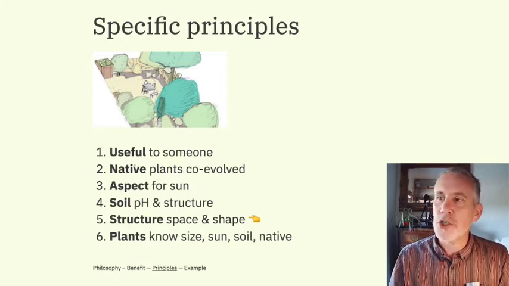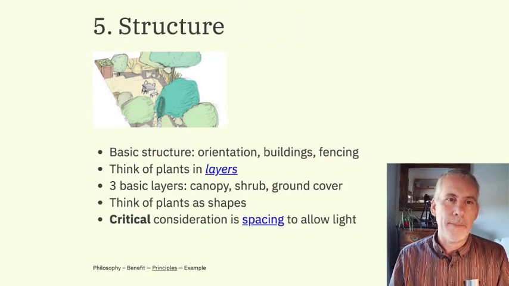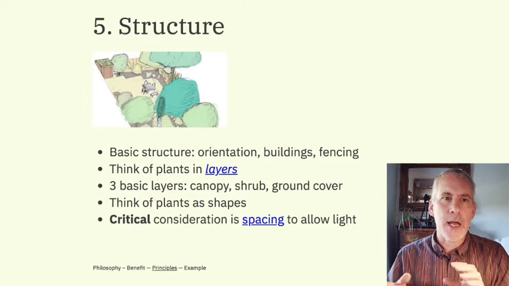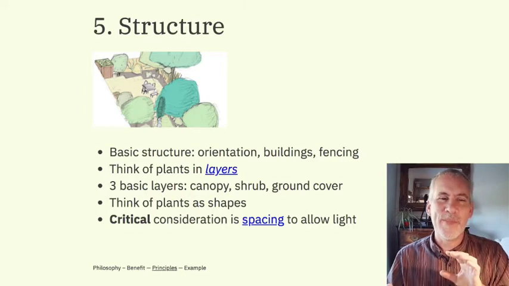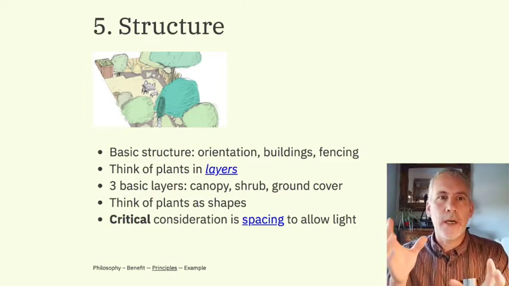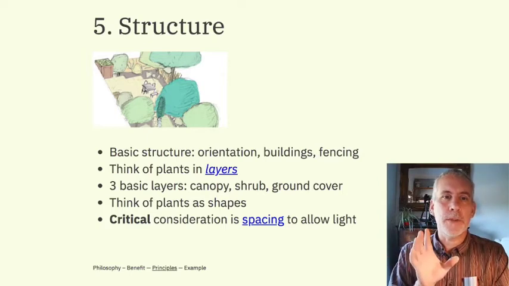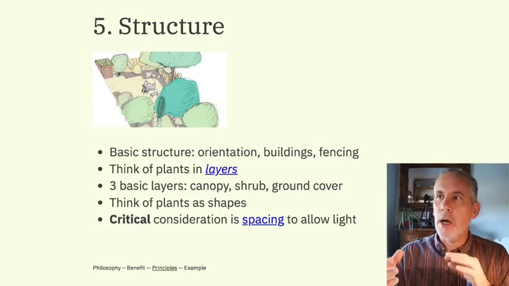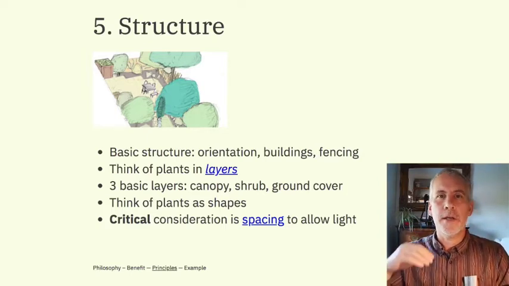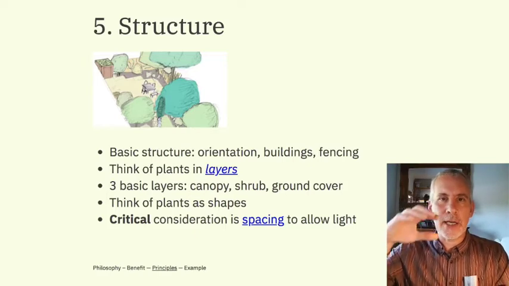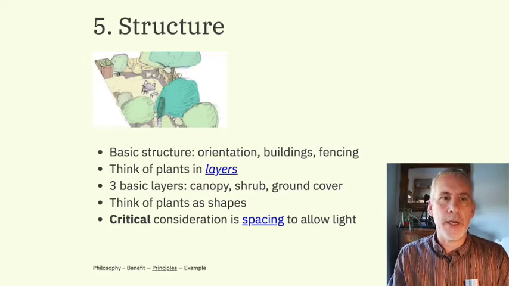Okay, structure, space and shape. This is coming on to the design side of things: the orientation of the property, where the buildings are, where the fencing is, and again thinking in layers. So you're thinking in three dimensions for the plants that you're putting in.